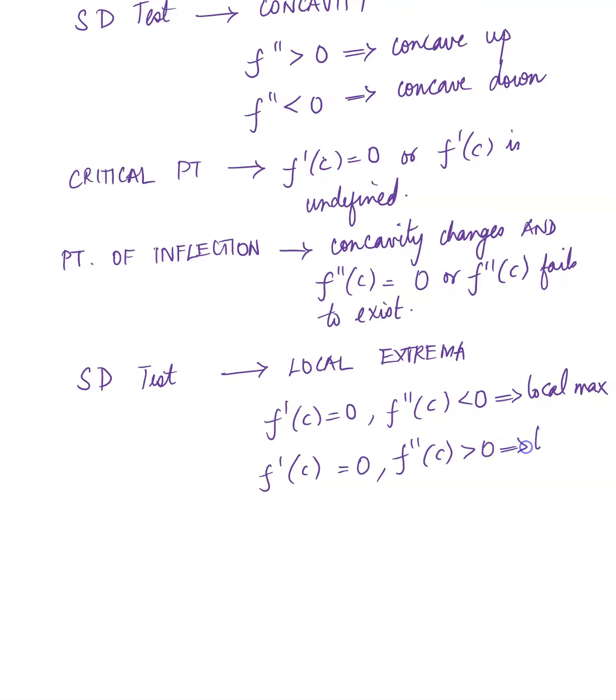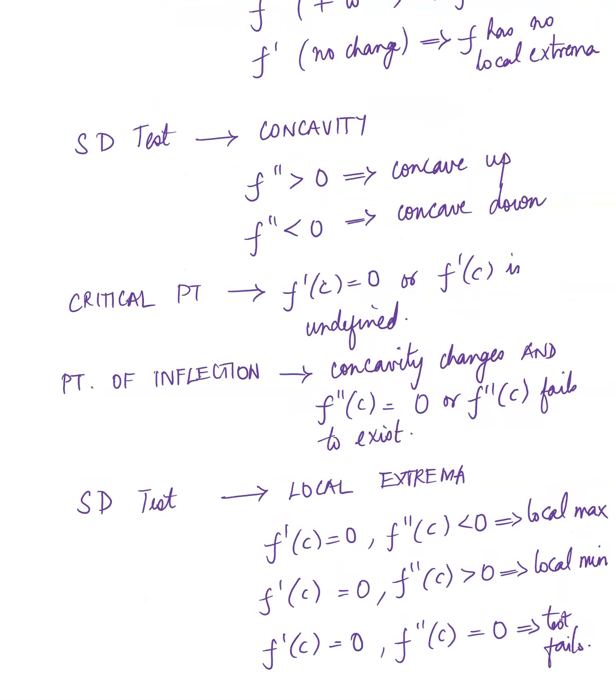If f double prime is positive, local min. So f prime 0 and concave up. If both are 0, the test fails. When the test fails, the test is inconclusive, which means there may or may not be a local max or local min.